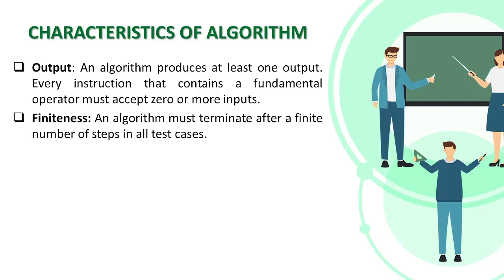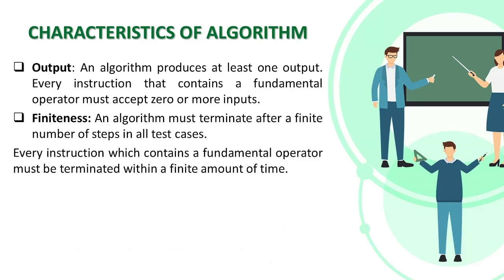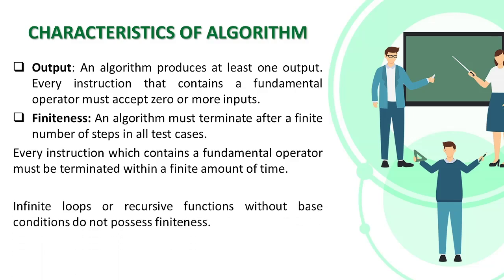And finiteness. An algorithm must terminate after a finite number of steps in all test cases. So an algorithm should not run for infinity. It should end when the steps or sequence or alterations or decisions have been implemented. Every instruction which contains a fundamental operator must be terminated within a finite amount of time.